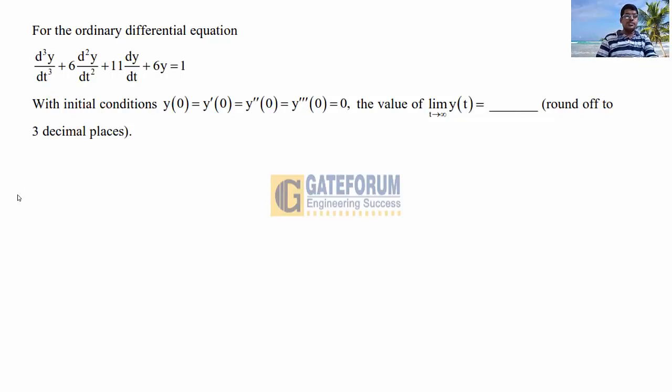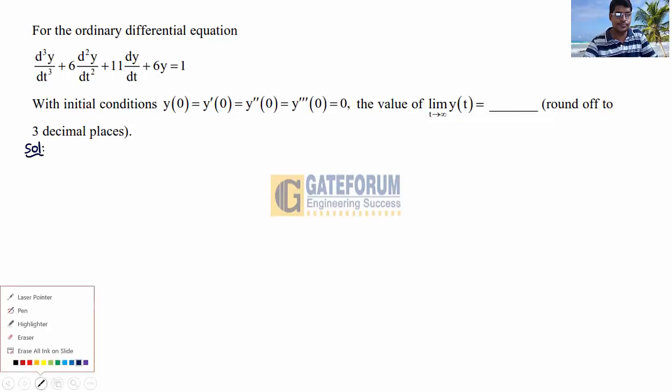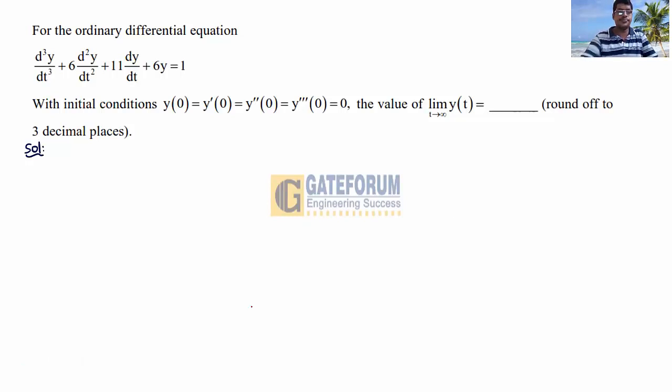The solution is: I am going to solve by the Laplace transform technique.